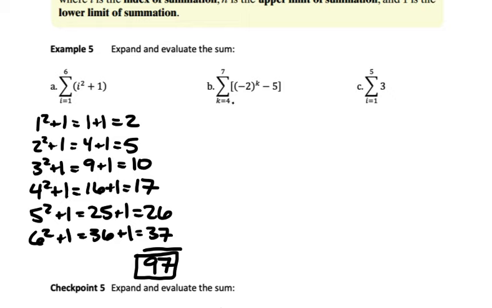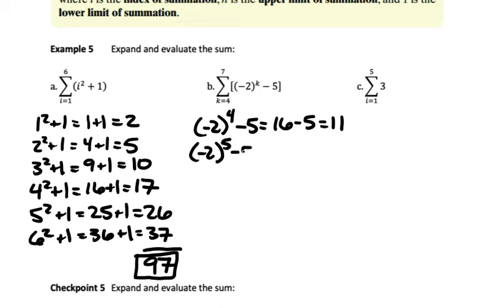For part B, we're plugging in from 4 through 7. So we're going to start with 4, negative 2 to the 4th minus 5. Now be careful with the signs. Make sure that you put the negative 2 in parentheses on your calculator like I have it here. That would be positive 16 minus 5, which is 11. We'll plug in 5, which is negative 32 minus 5, negative 37.